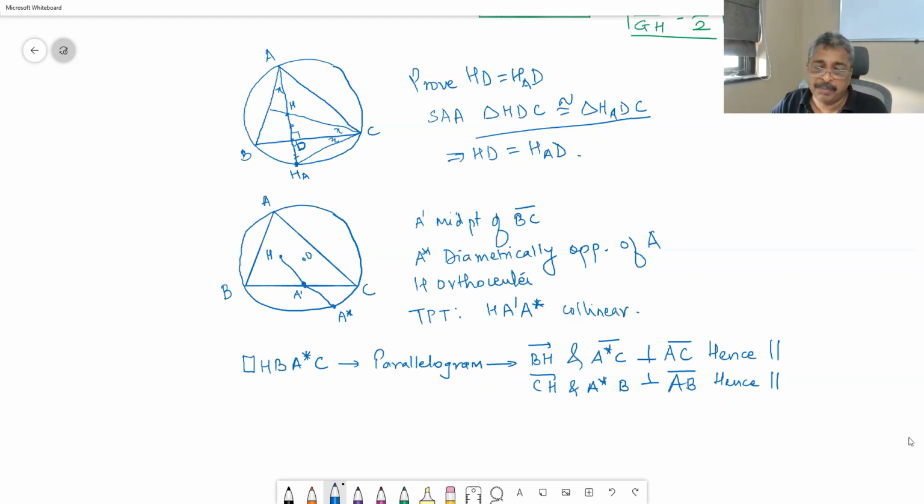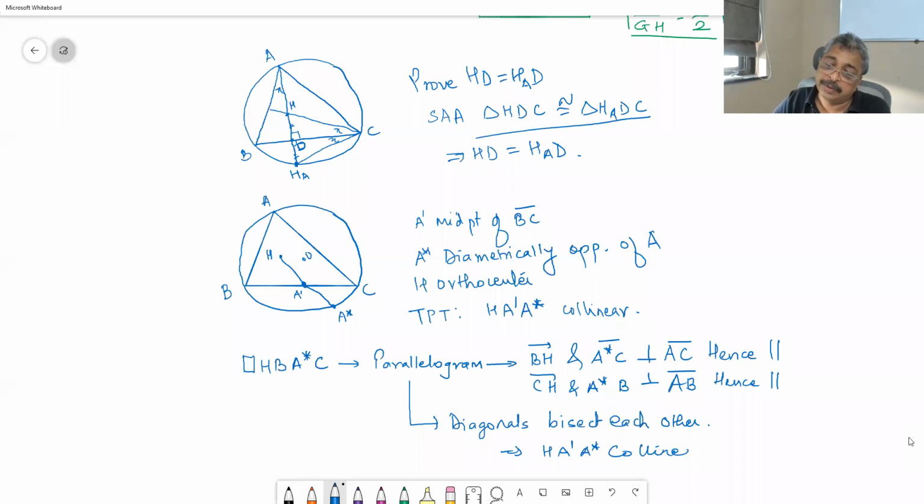And therefore the diagonals bisect each other. This implies H, A dash, A star are collinear. Okay, very good.